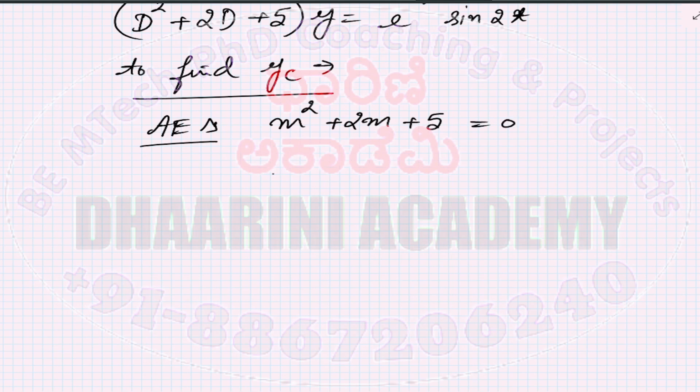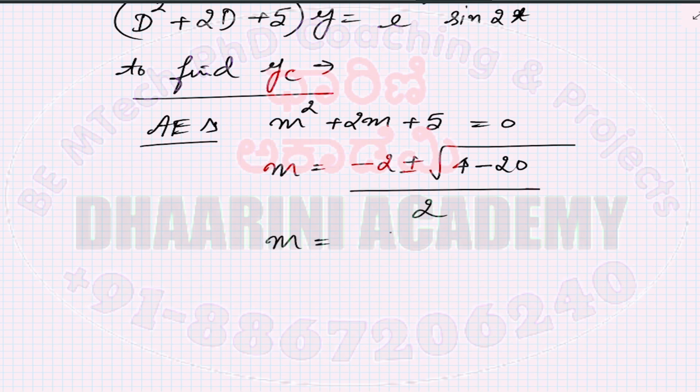So here m can be obtained using minus 2 plus or minus root of 4 minus 20, divided by 2. So m is equal to minus 2 by 2, which is minus 1, plus or minus root of minus 16. It's negative, so j complex number, root 16 is 4, by 2 is 2. So minus 1 plus or minus j2 are the two roots.